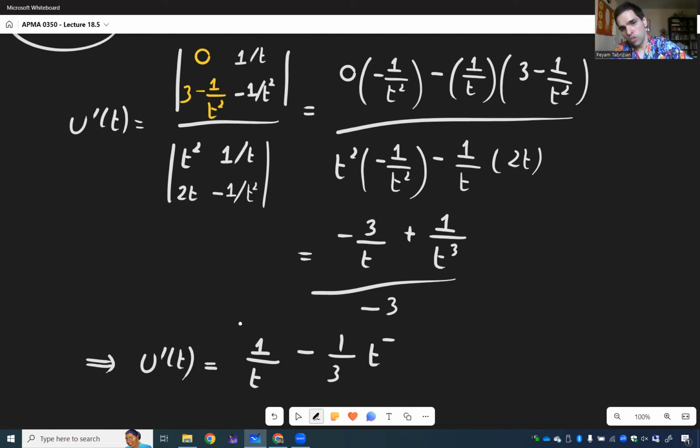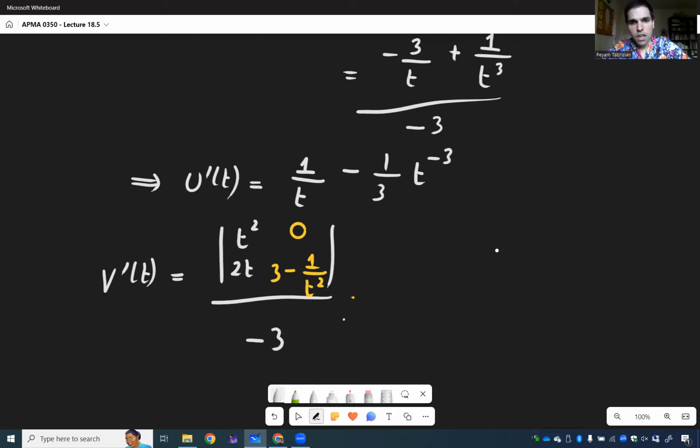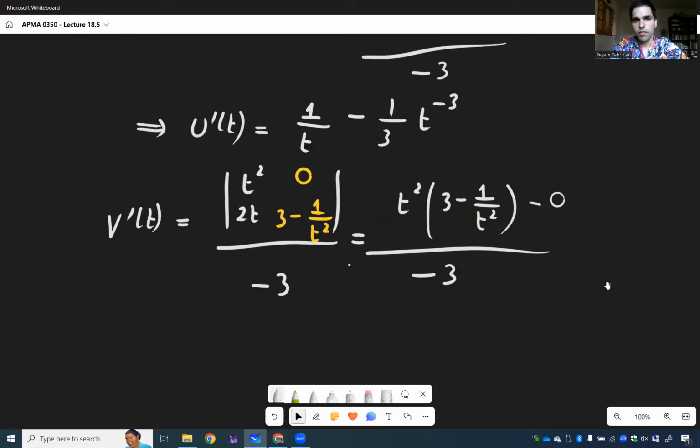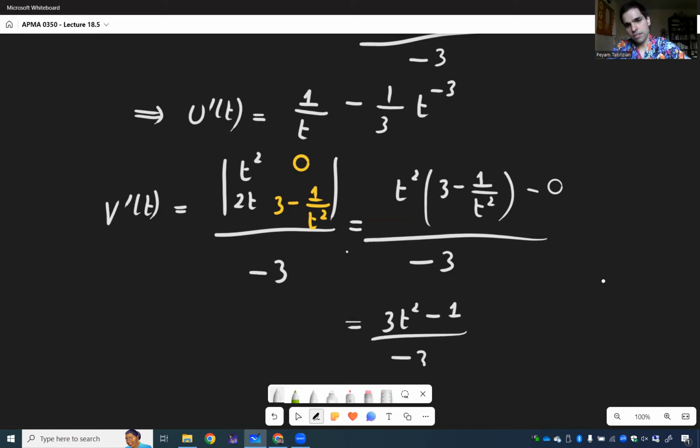Zero, and then 3 minus 1 over t squared. Right, which becomes t squared times 3 minus 1 over t squared minus 0 over minus 3, which then becomes 3t squared minus 1 over minus 3.